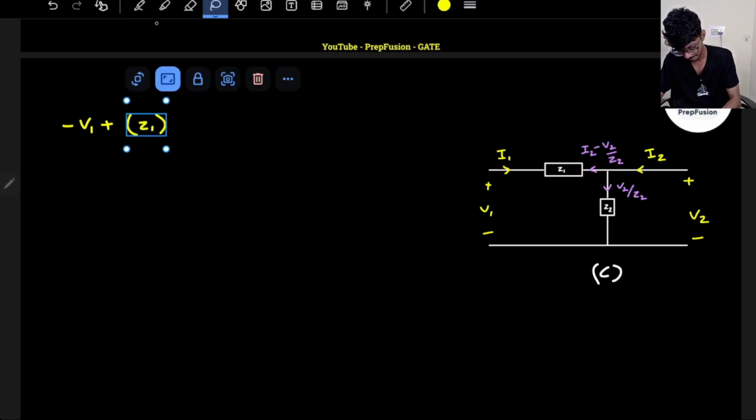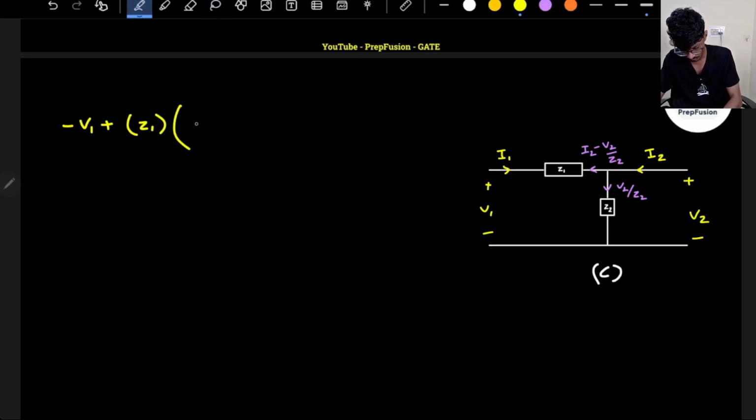So this will be I2 minus V2 divided by Z2, plus V2, just completing the KVL.